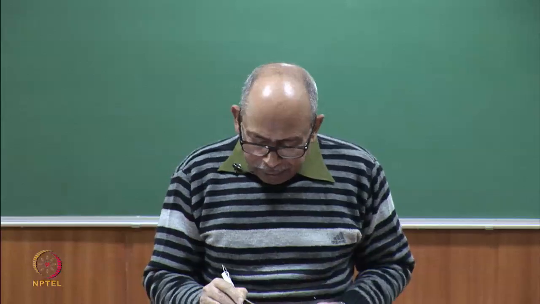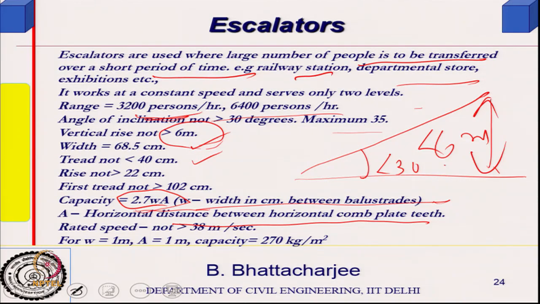So it is related to that. Rated speed not more than 0.38 meter per second, it should be 0.38 meter per second or whatever it is. So one can calculate the capacity using this formula, 2.7 W into A, right. So that's basically escalators.